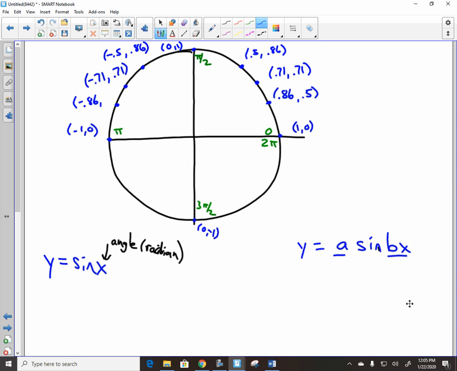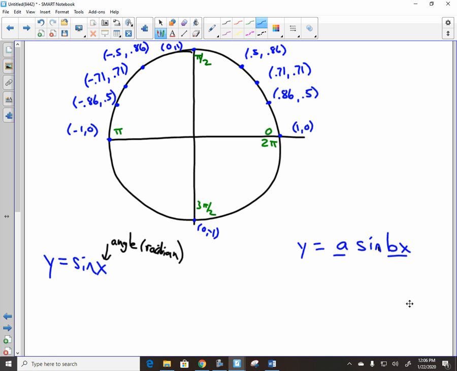Negative 0.86, positive 0.5. So what happens to the x values as you get over into this quadrant? They become negative, right? And they become even more negative, right? They go from 0 over to negative 1, right? Whereas the y values, what happens to the y values in this quadrant? Yeah, they get smaller. They start at 1 and then they go down to 0.